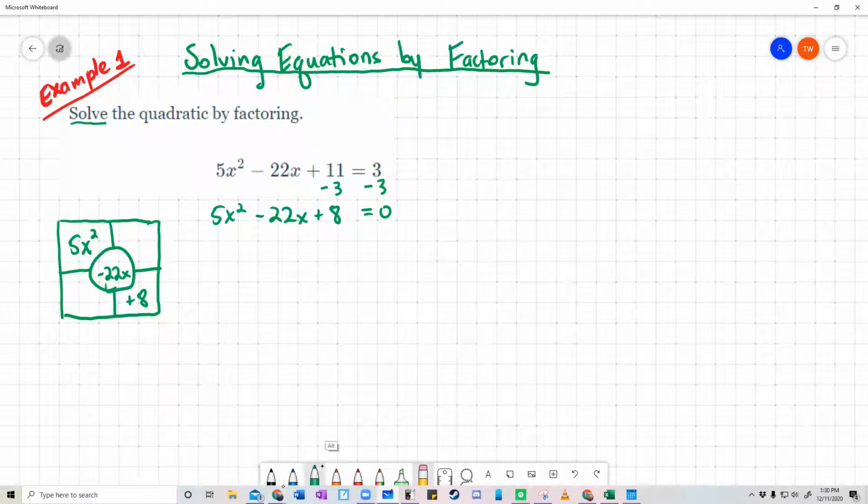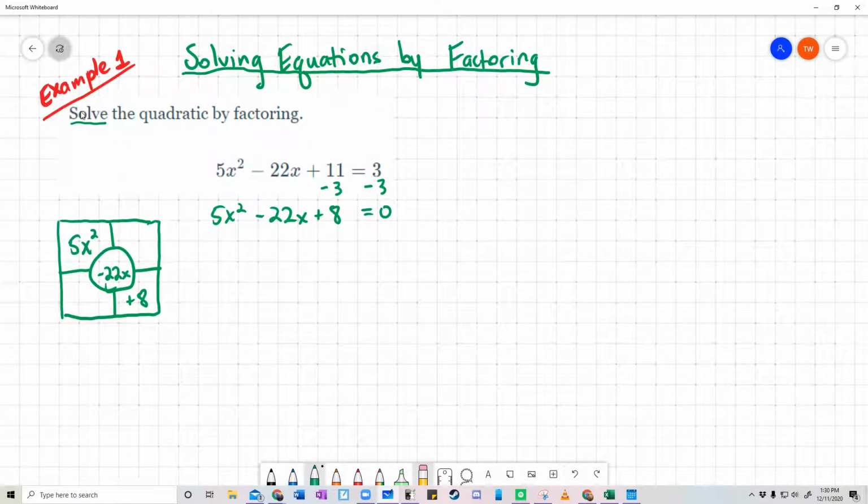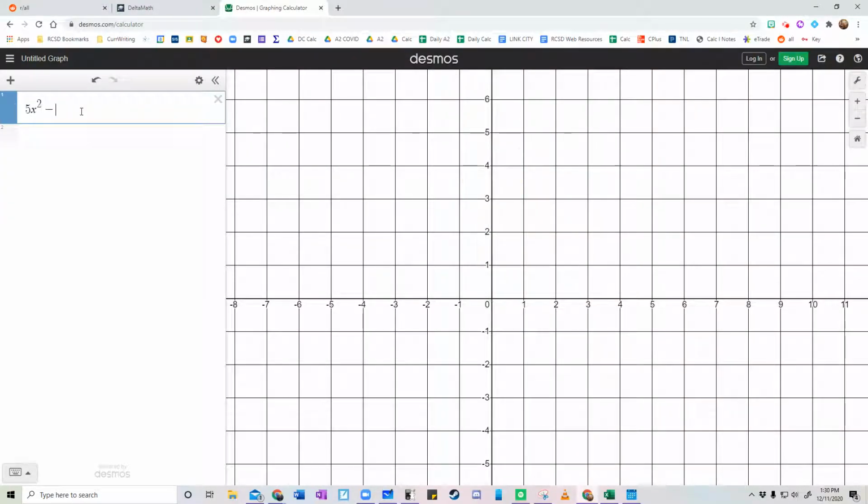And if I go to Desmos and I type in 5x squared minus 22x plus 8, I can see that this graph has two zeros. And if I click on them, I have one at 0.4, but I also have one at 4, 0. It's this one at 4, 0, the whole number 0, where I can steal a factor.